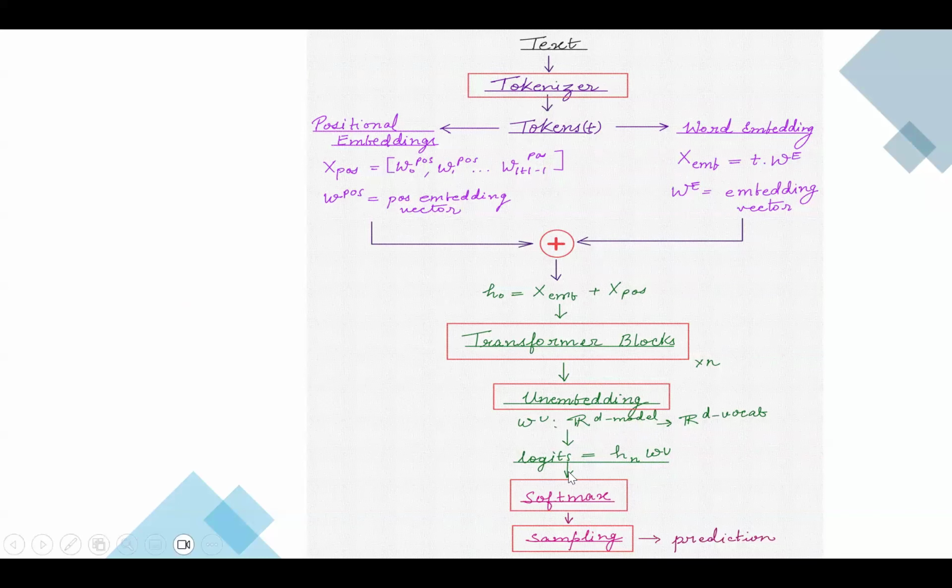You then pass these logits through a softmax function to model probability between 0 and 1, and based on the probability, we sample the prediction. There are different ways of sampling. In greedy sampling, you just pick the token with the highest probability, but sometimes that causes the model to get stuck in a loop.